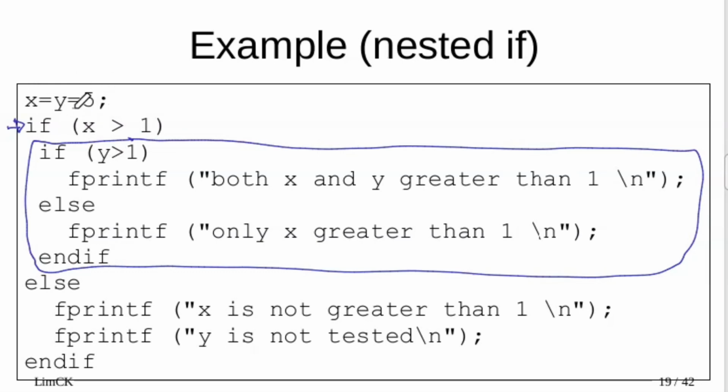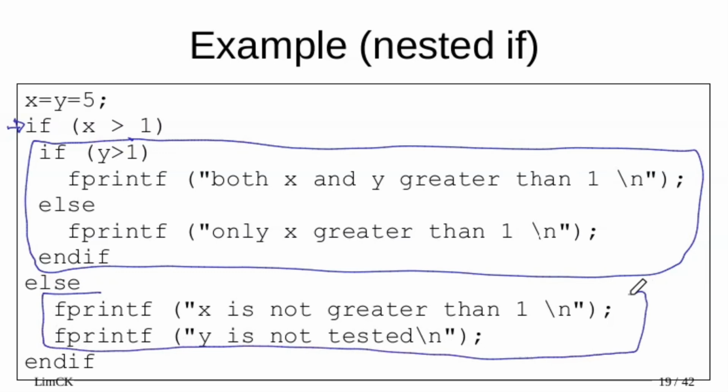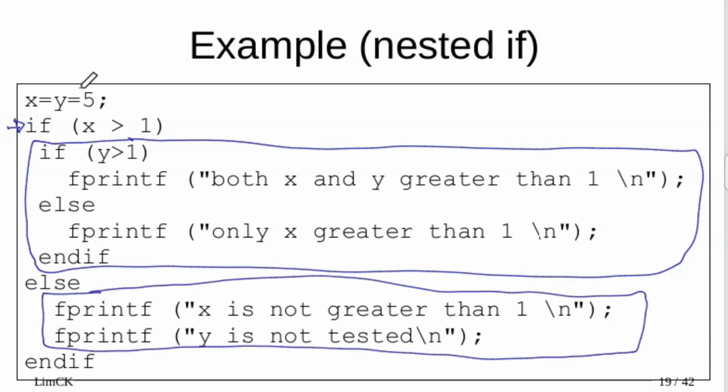Okay, if this is false, then you go to the else here, you execute these two. But we know in this example, these two lines will not be executed because x is 5, which is true here. Then it will execute this part. But once it executes this first block, it will check whether y is greater than 1 or not. y is equal to 5.